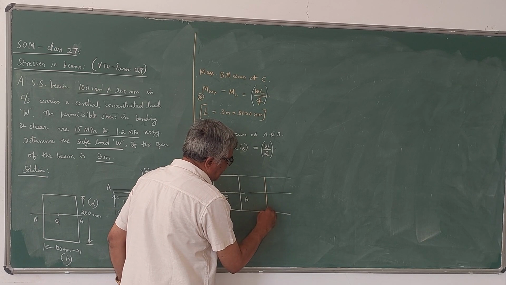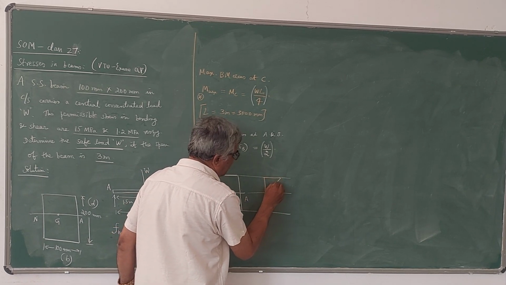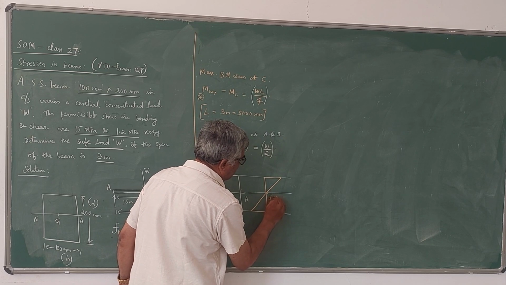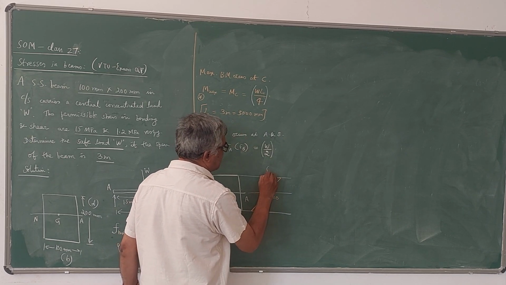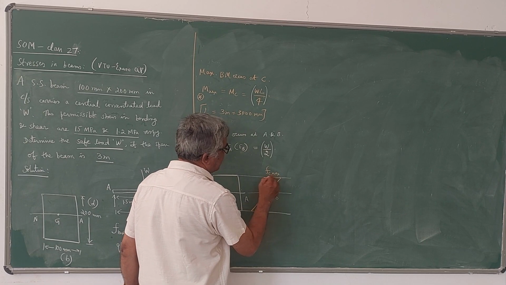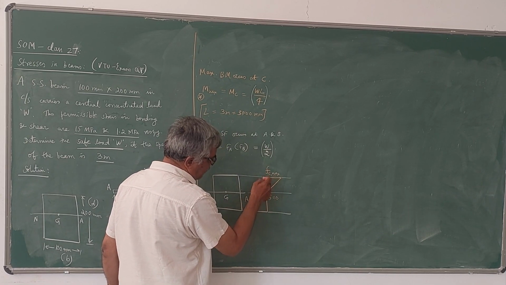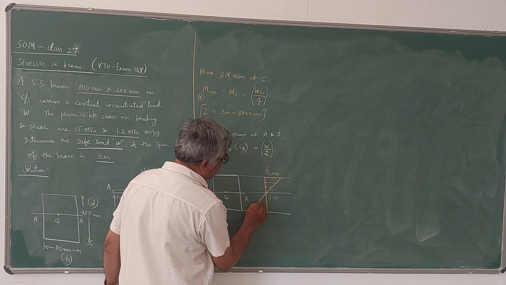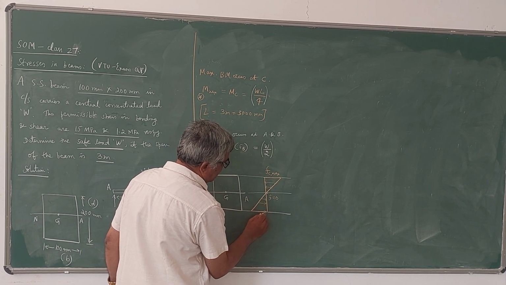We have learned this in earlier classes also. This is how the bending stress distribution will be. At the neutral axis, F will be 0, whereas it is maximum here. Since it is a simply supported beam, compression will be there at the topmost fibers above the neutral axis, and tension will be there in the fibers below the neutral axis.